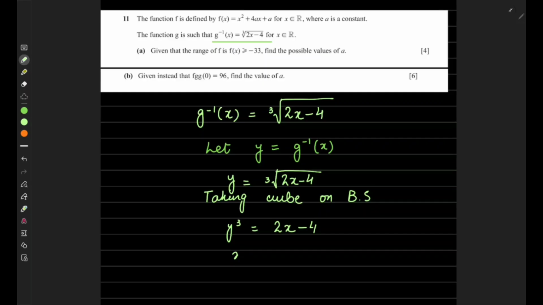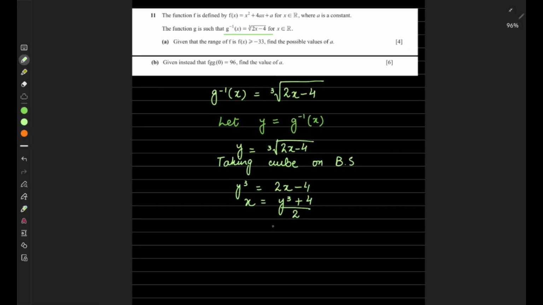x becomes equal to y cube plus 4 divided by 2. Now when we have isolated x, normally we replace it by the inverse.